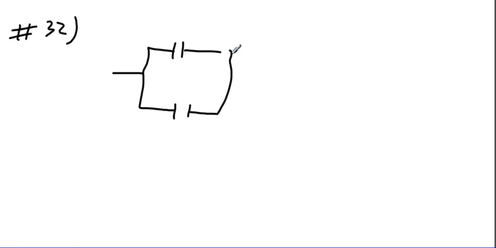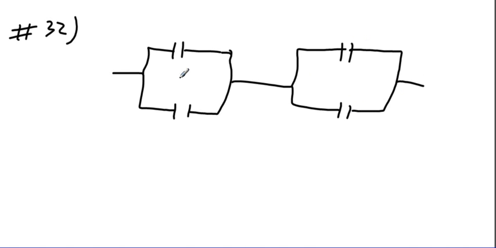And then B, determine the charge on each capacitor and the voltage across each if the voltage A to B was V. Okay, so we draw a picture. Here's my point A, there's my point B, here's C1, C2, C3, C4.